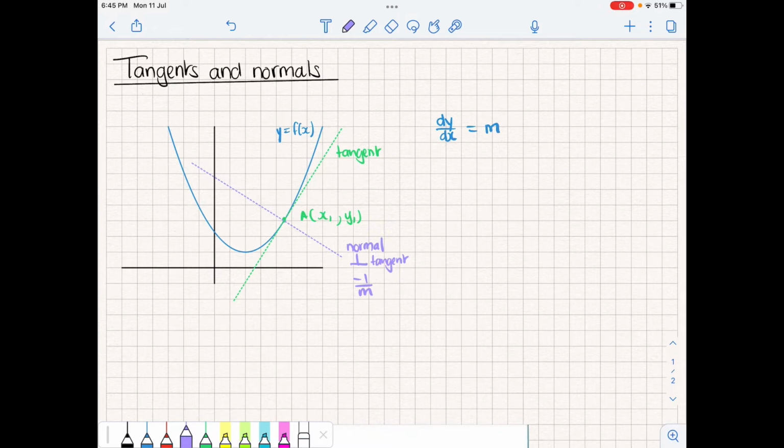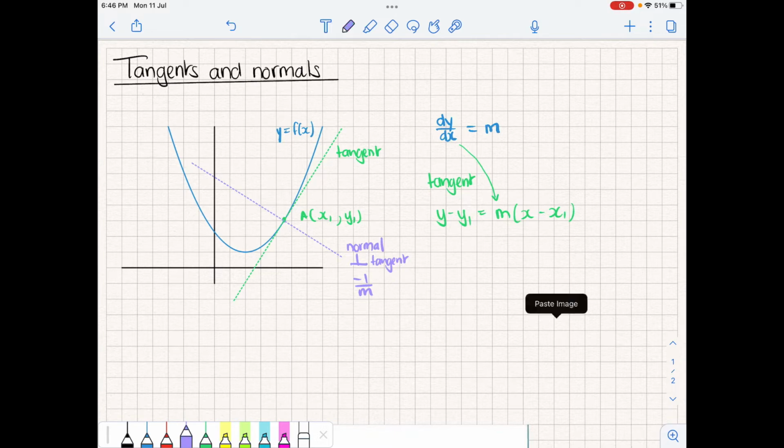So this now allows us to come up with a straight line equation for the tangent and the normal. If I wanted to find the straight line equation for a tangent at a specific point, we learned this equation: y minus y1 is equal to m(x minus x1). So x1, y1 being some point on the tangent, and m being its gradient, and its gradient being the derivative at a specific point on the curve.